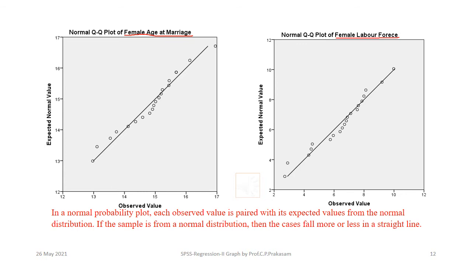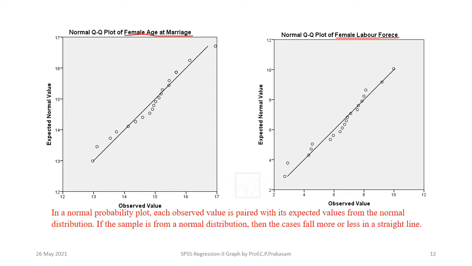What is this? In a normal probability plot, each observed value is paired with the expected value from the normal distribution. That means the observed values have been paired with the normal distribution values, and then a line is drawn. If the sample is from the normal distribution, then the cases fall more or less on the straight line.